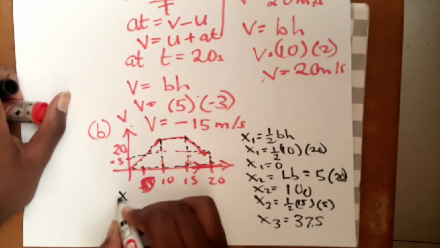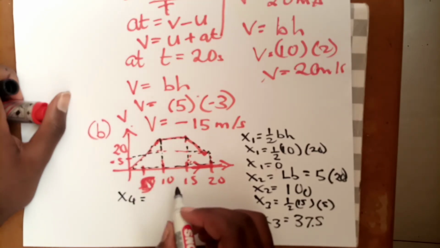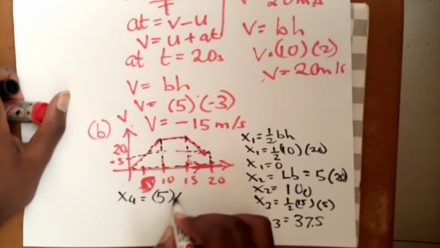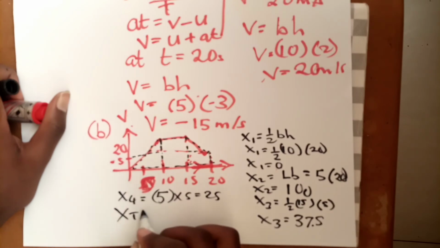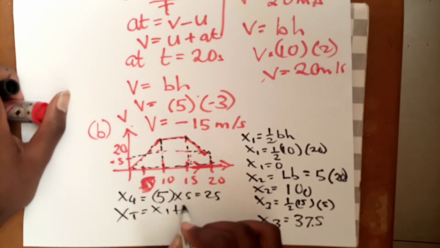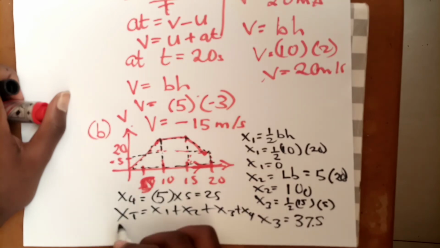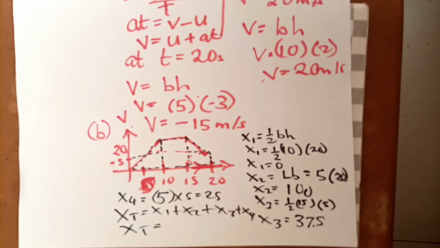Then we go to our x4. X4 is equal to the square there, so that's length times breadth, which is 5 by 5, which is equal to 25. So then our x total is equal to x1 plus x2 plus x3 plus x4.